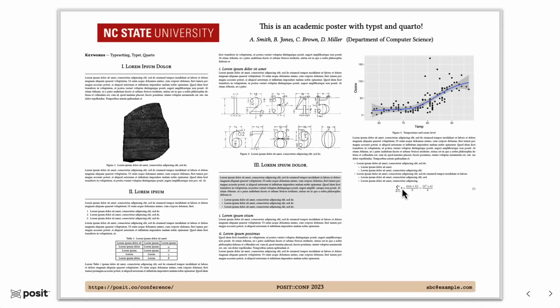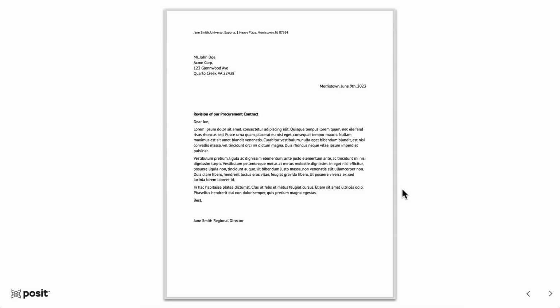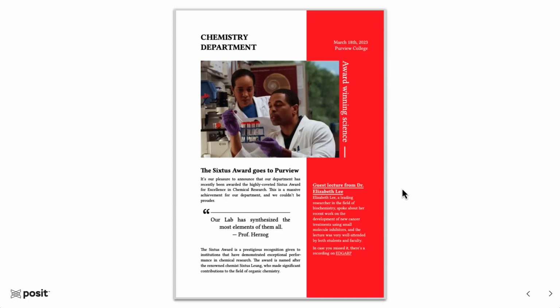I came from an academic background where I had to present posters at various conferences, and using the Typst integration within Quarto, you can now create scientific posters as shown here. You can even create letters and maybe even flyers. For example, for your chemistry department, here's a really nice flyer you can build using Typst within Quarto.